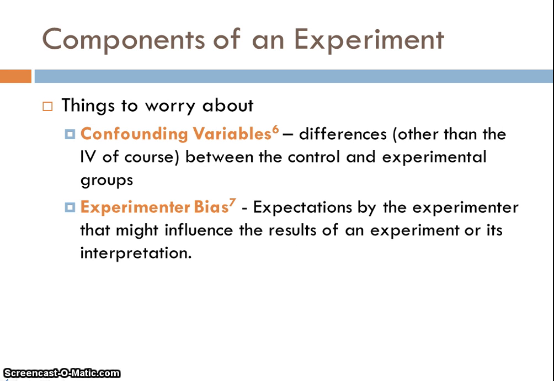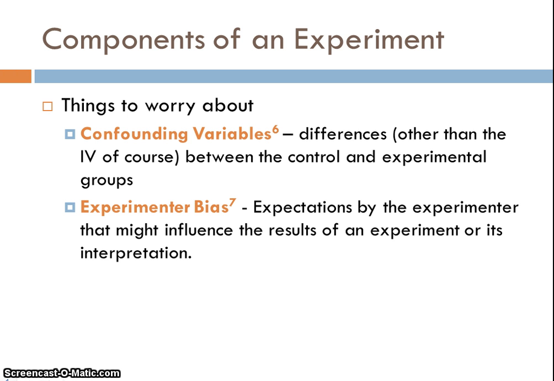Other parts of an experiment, you've got confounding variables. Now, confounding variables are variables that can mess up your data. They can skew your results in some way. Confounding variables are things that can happen that affect your results other than the independent variable.